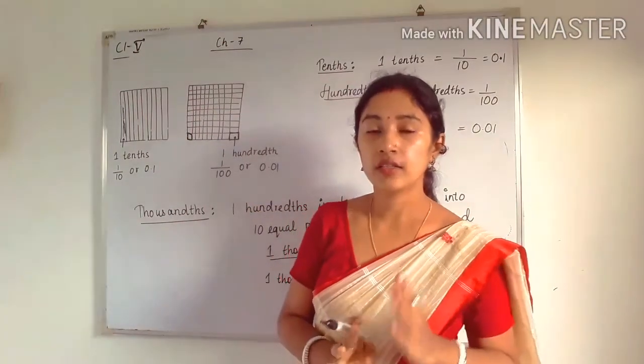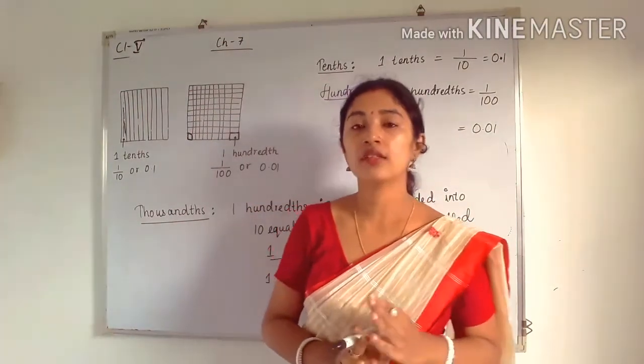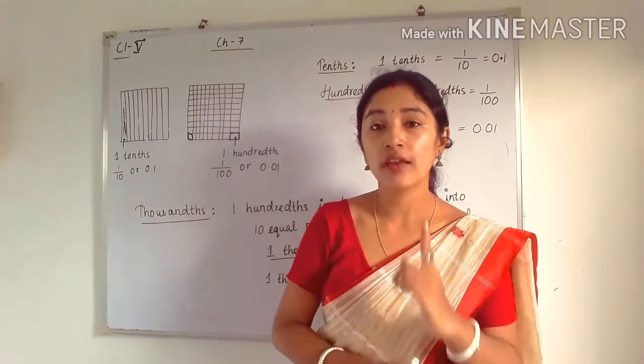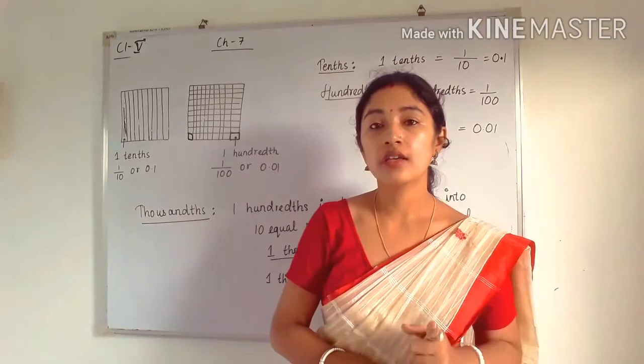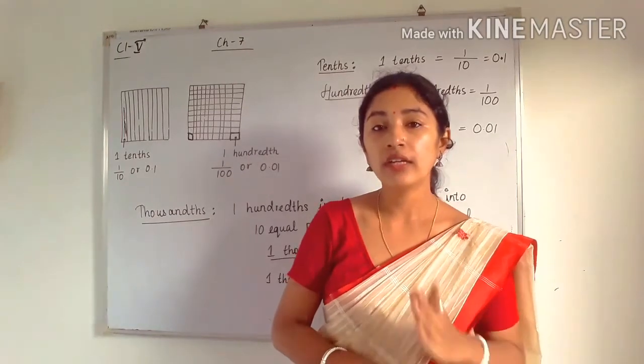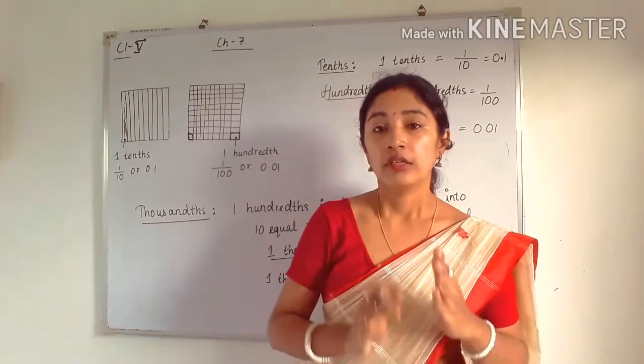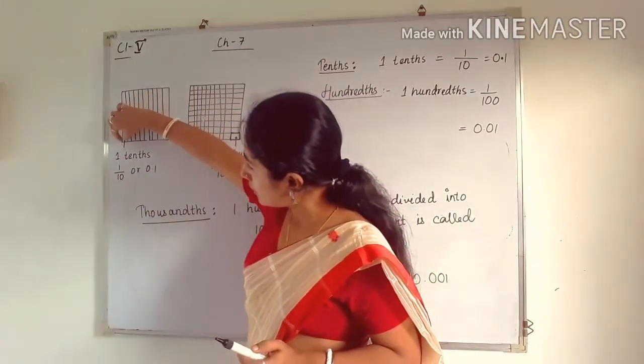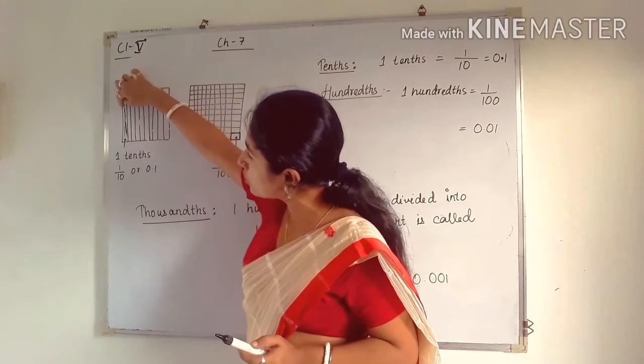Already I discussed hundreds in the last lecture. So what is 1/100? 1/100 is when we divide 1/10 into 10 equal parts. This is our 1/10 and we are dividing it into 10 equal parts.